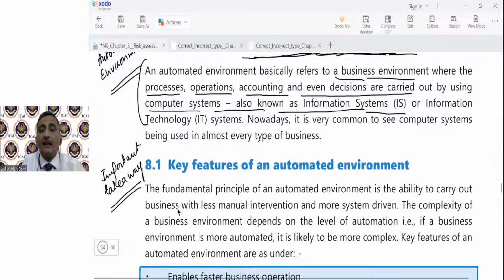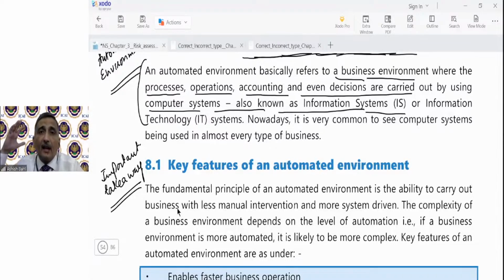So students, let me give you an example. Take the example of a bank. As you know, banks operate on the CBS system, core banking solution, so you can carry out any real-time transaction.